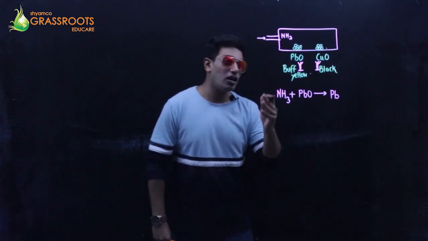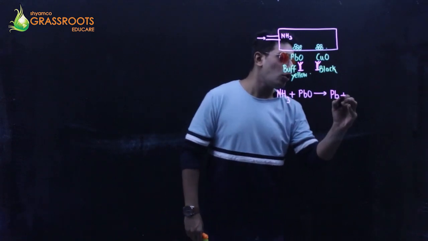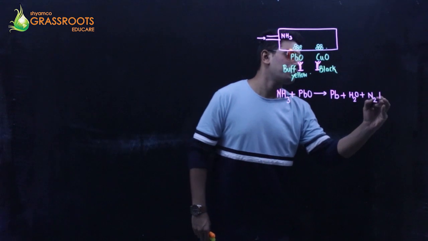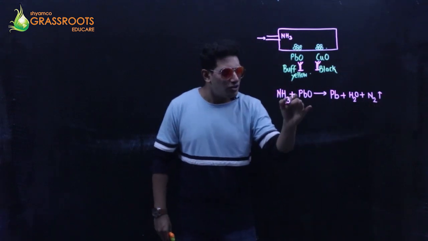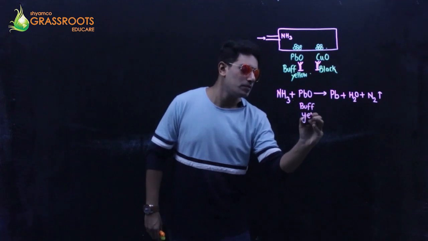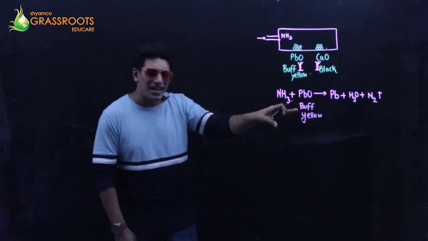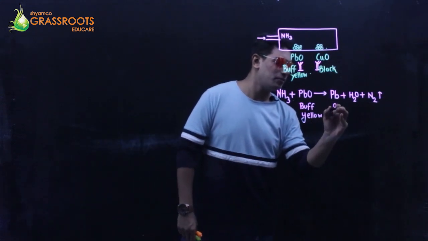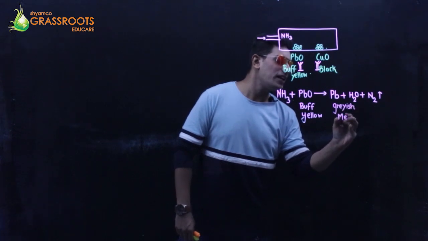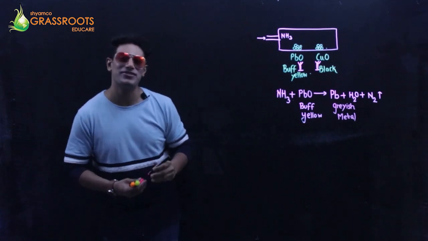The color changes. That's how we come to know the reaction has taken place. The color of PbO, as I said, is buff yellow, and the color of lead, Pb, is a grayish metal. Whenever there is a color change, I come to know the reaction has taken place.